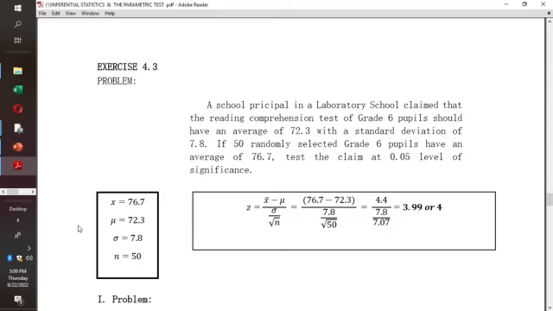So the formula to get the z-test value is the mean minus the hypothesized mean, all over the standard deviation over the square root of n, equals 76.7 minus 72.3 all over 7.8 over the square root of 50, equals 4.4 all over 7.8 over 7.07. So we get the z-test value of 3.99 or 4.